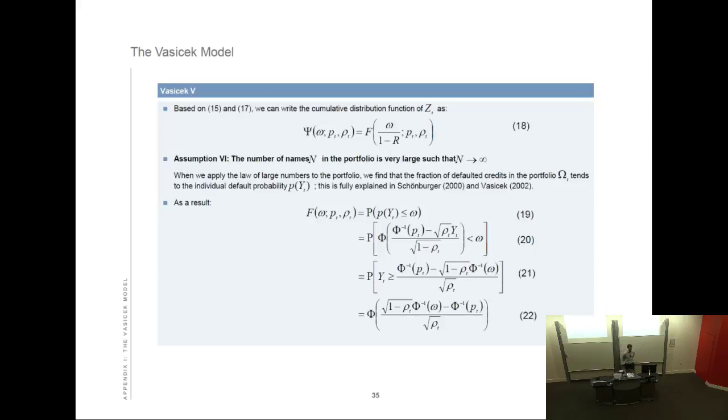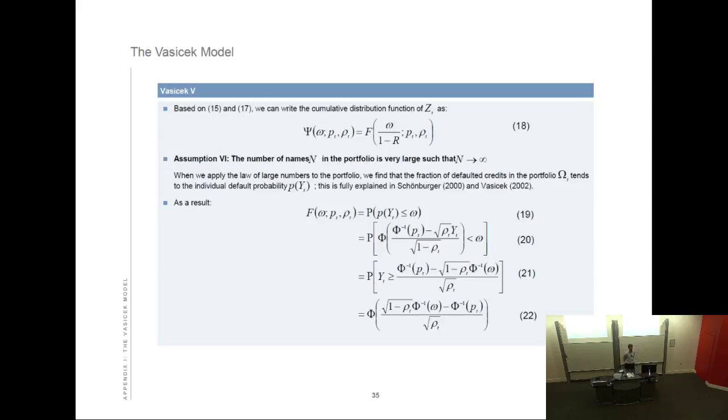So which means that now we can start to solve, if we assume that for a moment, we can then derive the probability of our portfolio loss being less than or equal to a certain amount by plugging in the default probability, which is a function of the market factor.